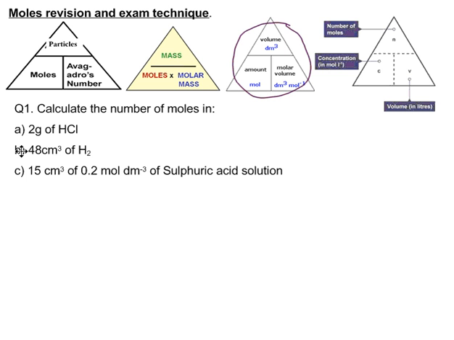So we've got the volume of hydrogen, and we want to work out the moles. Rearranging the equation, it tells us that we must do the volume in litres, it must always be in litres, divided by the molar volume, which is 24 litres.